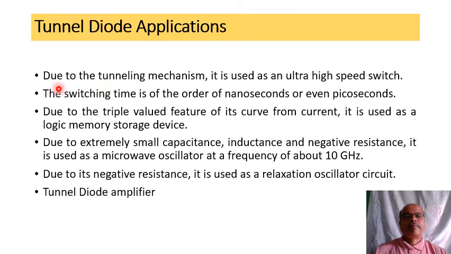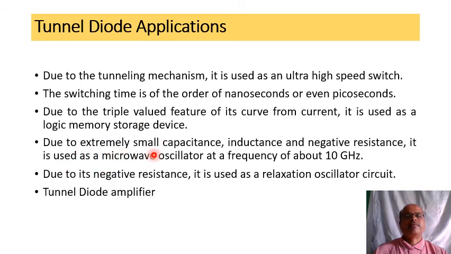Then the tunnel diode applications. Due to the tunneling mechanism, it is used as an ultra high speed switch. The switching time is of the order of nanoseconds or even picoseconds. Due to the triple value feature of its current curve, it is used as a logic memory storage device.